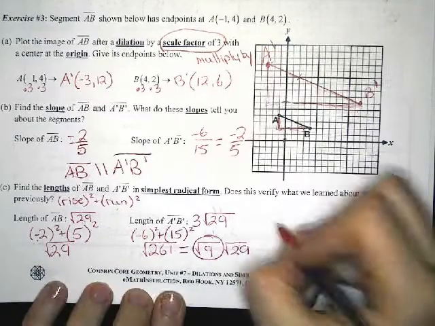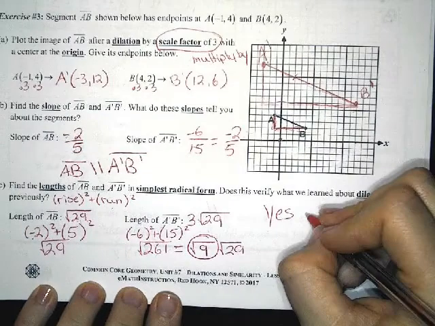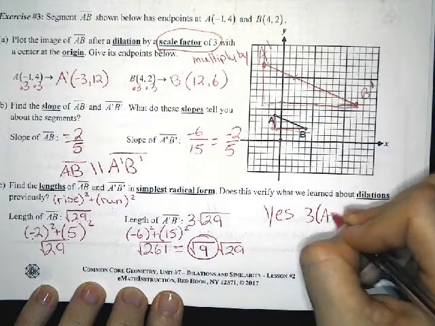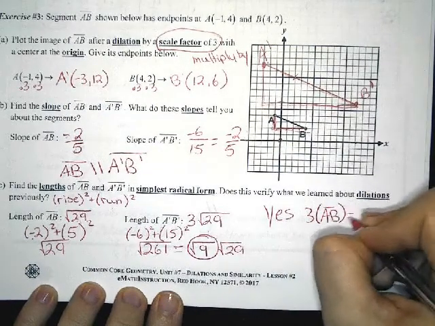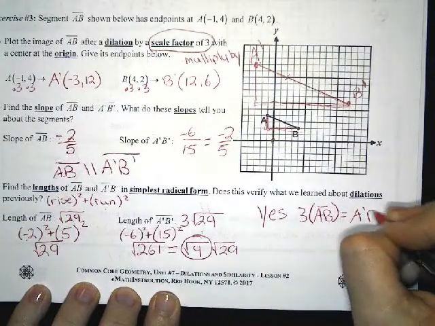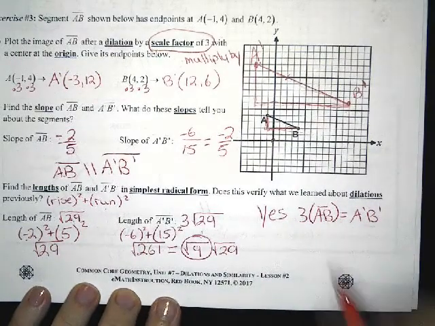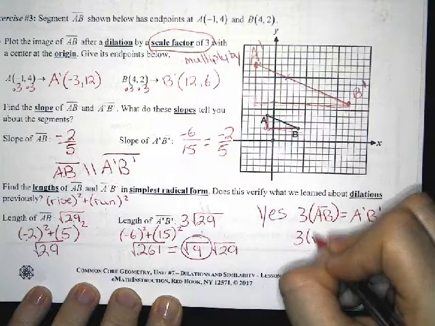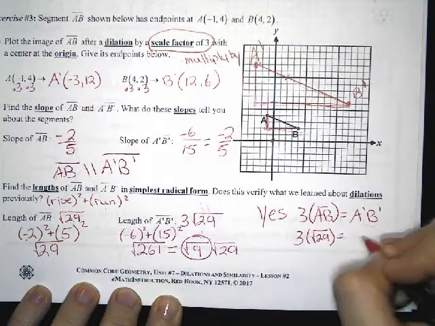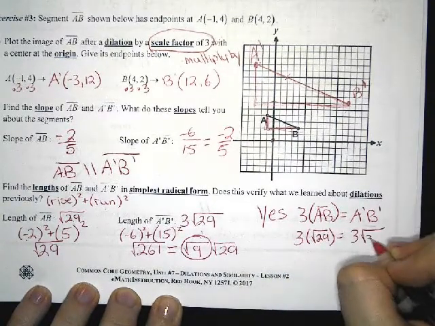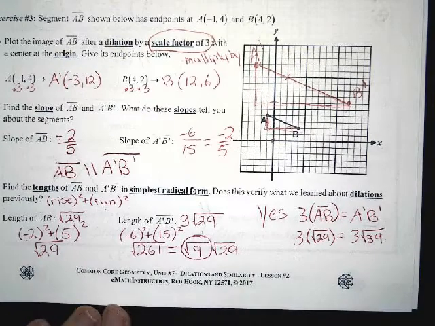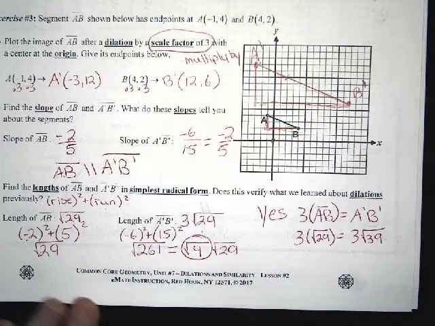Yes. 3 times AB gave us A prime B prime, which was 3 times radical 29. That is what AB came out to be, radical 29. So it does work. Okay, if you have any further questions, please see me for extra help.